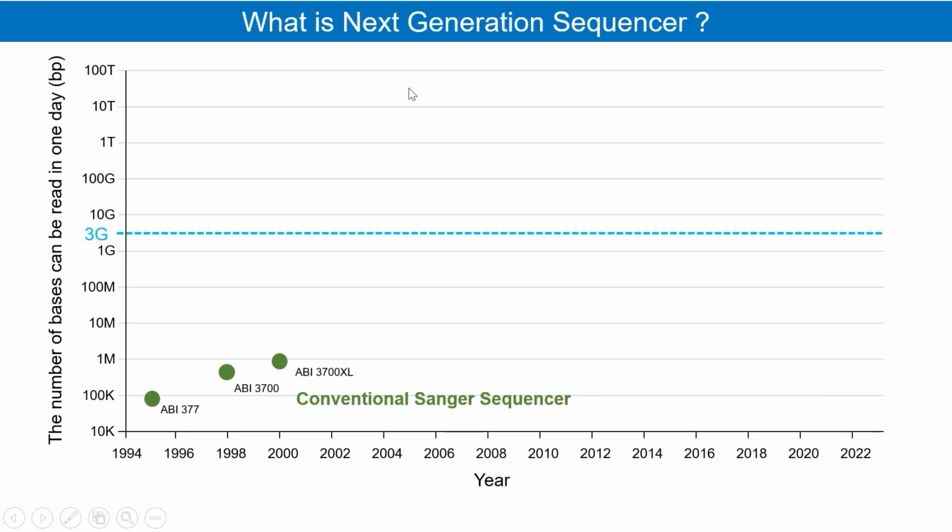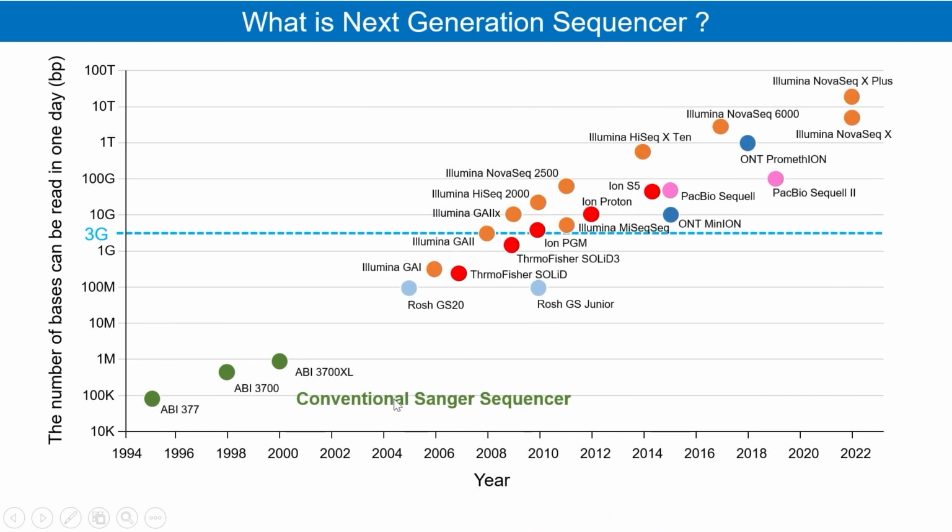Okay. So what is the next generation sequencer? This graph shows the year sequencing machines were launched and the number of bases we can read within one day. These three are conventional Sanger sequencers, and these are next generation sequencers.